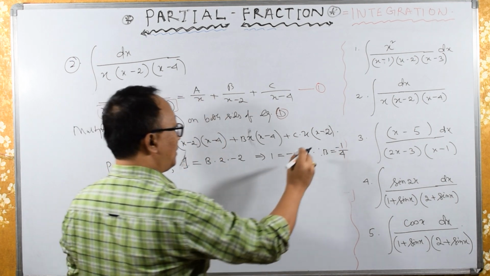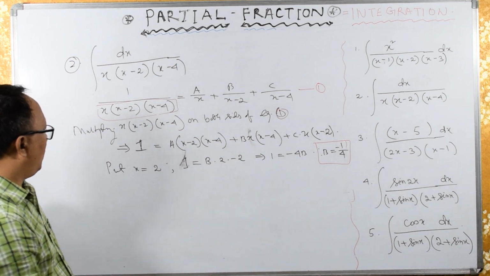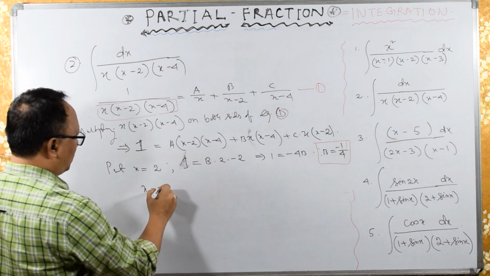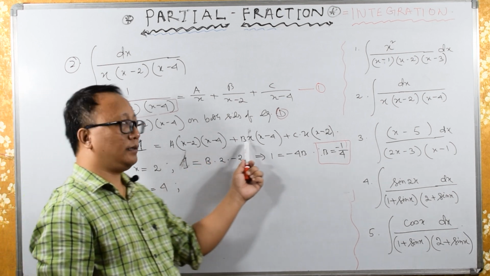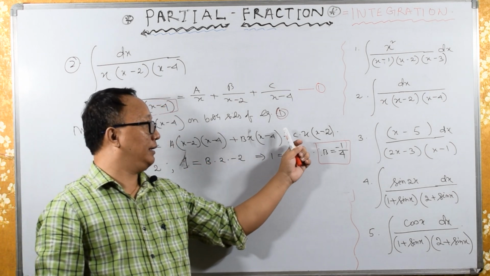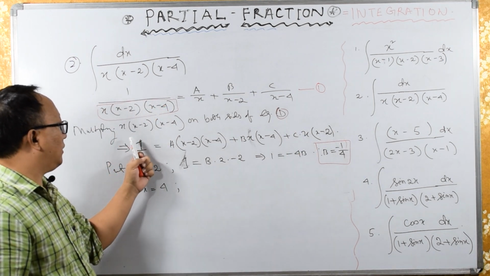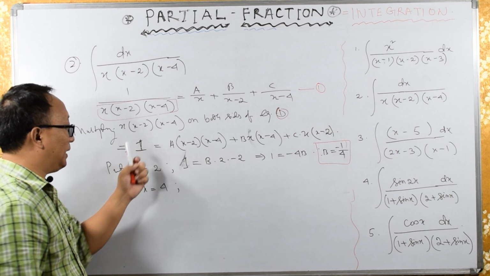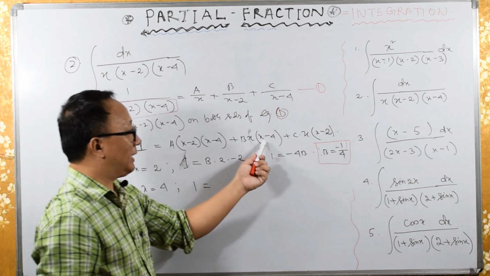This is your b. Now if I substitute x equals 4, this term and this term will cancel, so I will get the value of c. On the left hand side, I don't have any x, therefore I don't have to substitute anything. So I will get 1 equals this term, and this term gets cancelled.